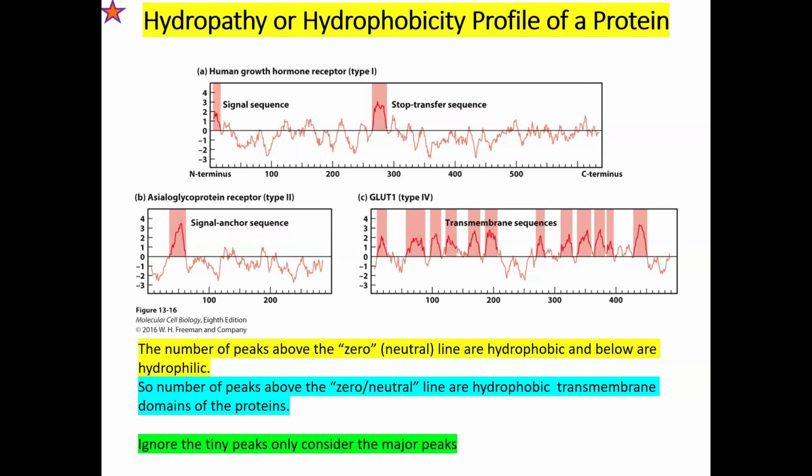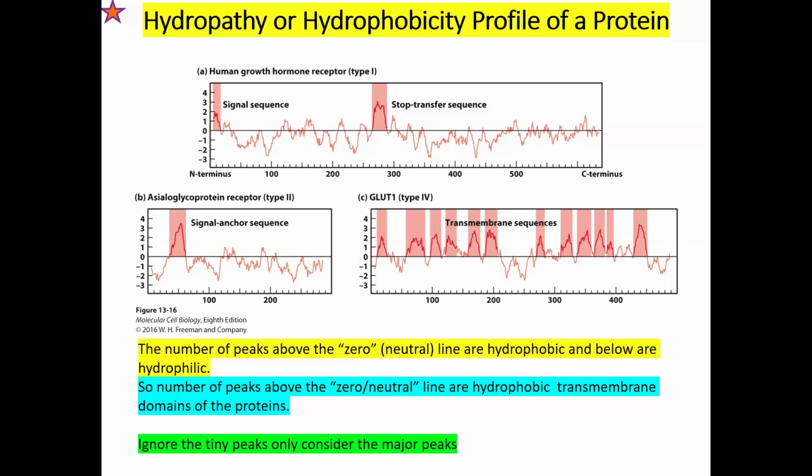This is the hydrophobicity plot. What we mean by this is we have a linear scale, and the scale starts at 0, and above that you have a scale of 1, 2, 3, 4, and below that you also have the same.